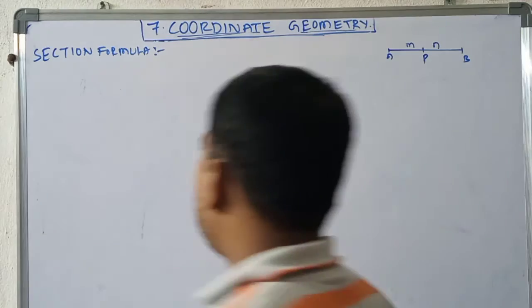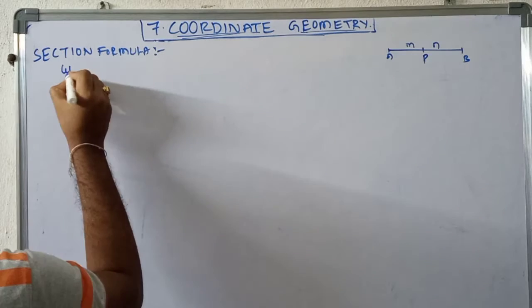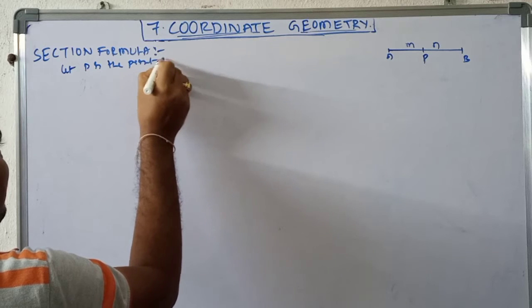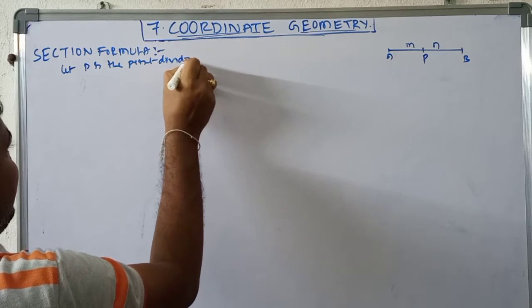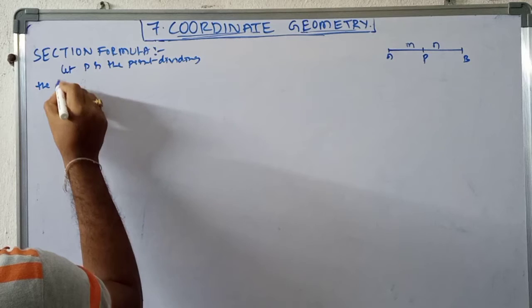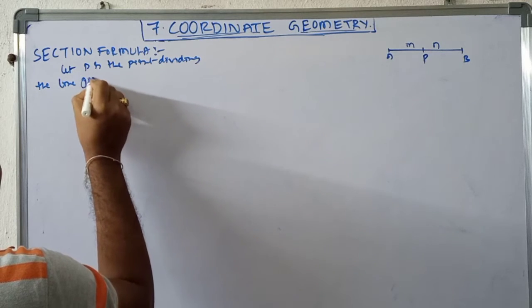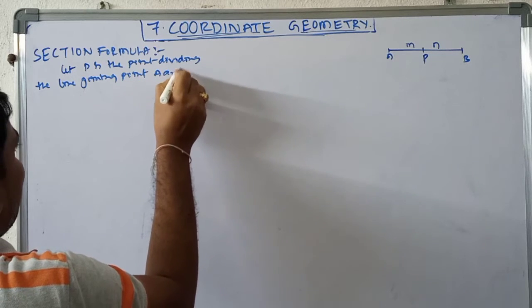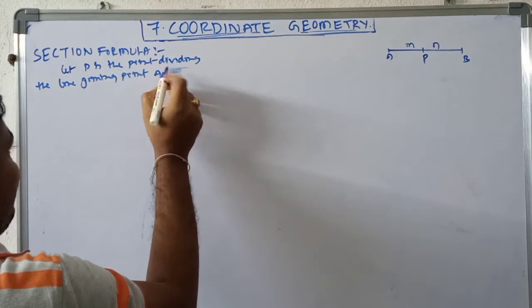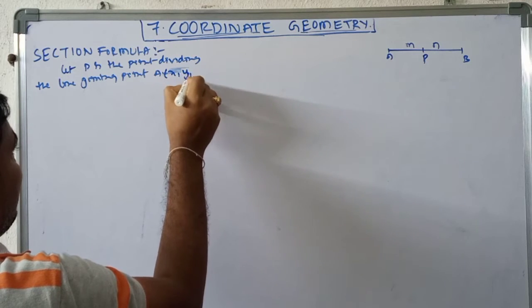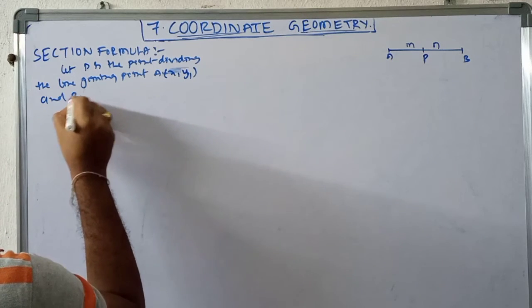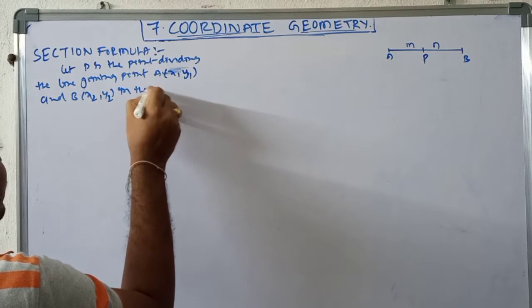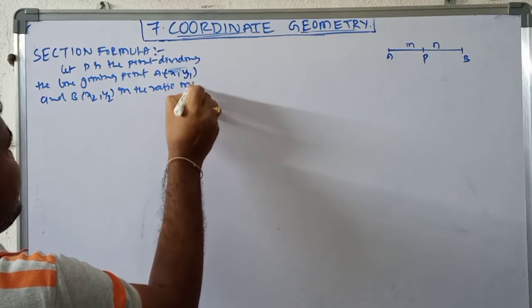Then the coordinates of P are, so let P be the point dividing the line joining points A (x1, y1) and B (x2, y2) in the ratio m is to n.